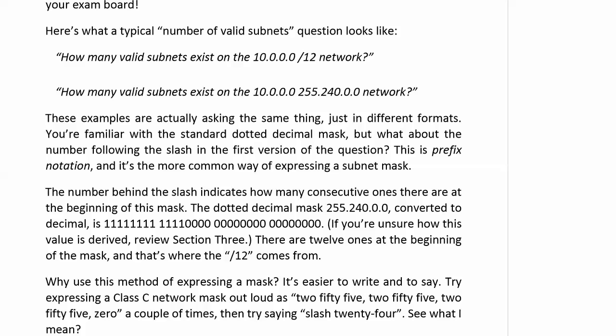You want to know that prefix notation, how to convert prefix notation to a dotted decimal mask and reverse that operation. And certainly on your CCNA exams and beyond, you should certainly expect to see the mask expressed both ways. Because you could be asked a question, let's just throw this out there. You could be asked a question, what is the subnet that would do this? And it could say choose 2.